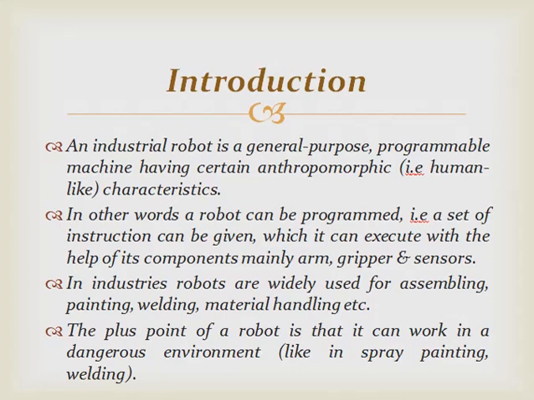An industrial robot is a general purpose programmable machine having certain anthropomorphic characteristics, like human-like characteristics. That means in this robot technology we'll mainly focus on industrial robots. There are different varieties of robots which we're going to consider depending upon the application area.